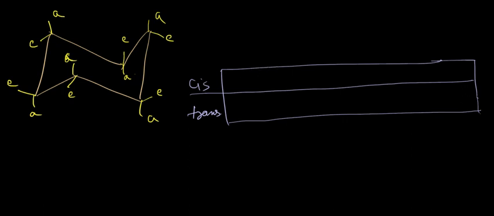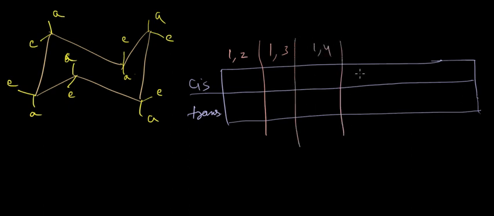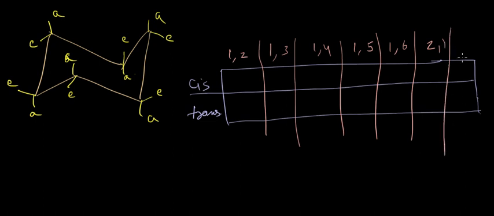So when we are doing the comparison between 1 comma 2, 1 comma 3, 1 comma 4, 1 comma 5, 1 comma 6, 2 comma 1, 2 comma 2, and so on. Let me mark the carbon atoms as well.